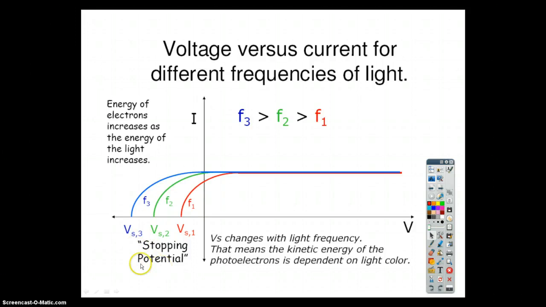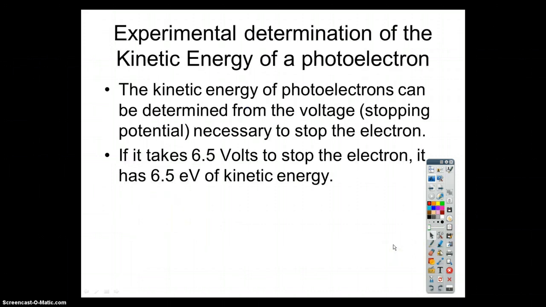So here is our stopping potential. Here is the stopping potential for each one, and you'll notice that as you have higher energy, you have a bigger stopping potential. Remember, blue is pretty high energy, green is in between, and red is a really low energy photon. For the next one, the kinetic energy of a photoelectron can be determined from the voltage.